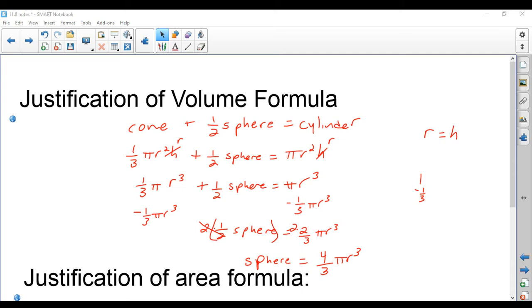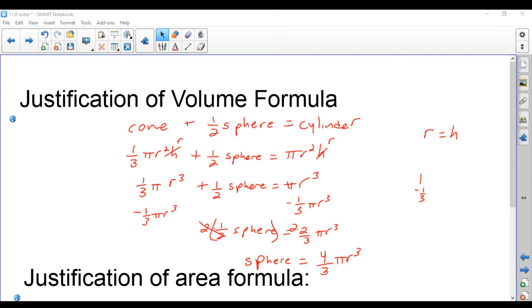Now, it's not exactly a sphere because each of these has a flat base and a sphere would be totally rounded. We can factor the 1/3 and the r out of these areas. So I have 1/3 times the sum of all the base areas times the radius of the sphere is about 4/3 pi r cubed.